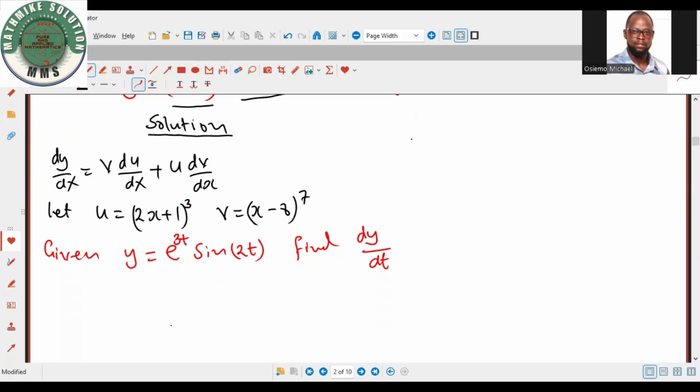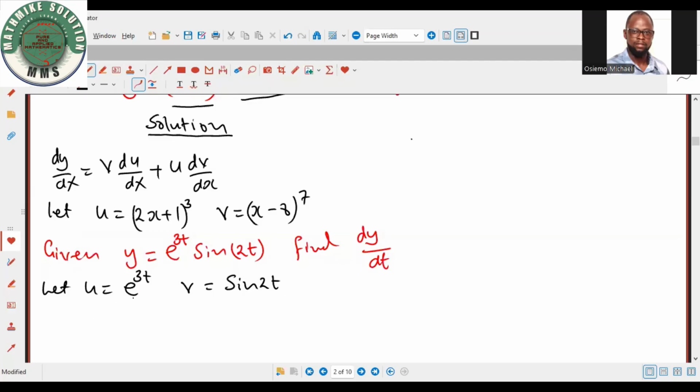So you are going to apply the product rule. You have seen from the previous example that we have not completed, we have another method so that you can find the derivative of y with respect to x. So in this case, let our u be equal to exponential 3t and our v be equal to sine 2t.